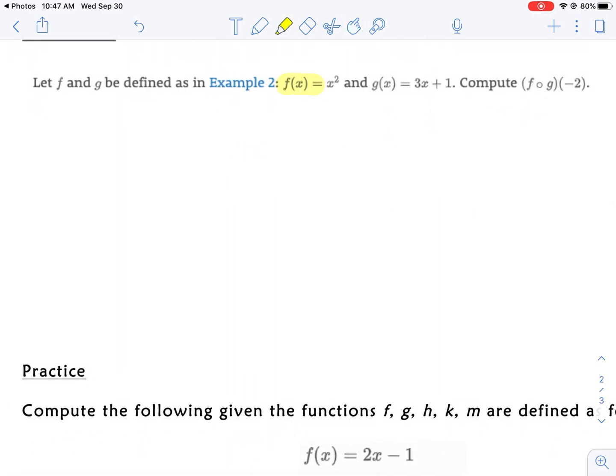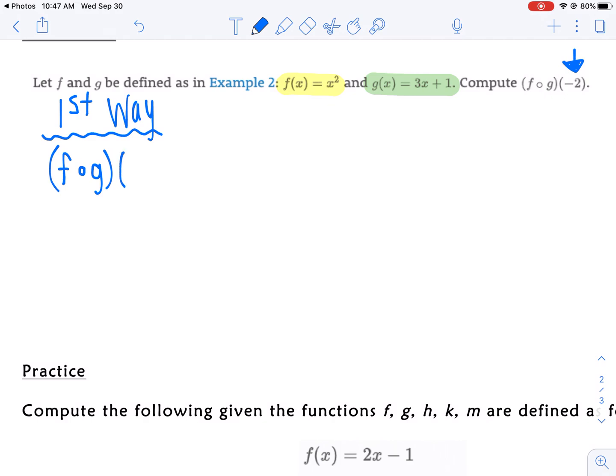Again, we still have our same f function, same g function, but notice the difference is now there's a value. First way you can solve this is take f of g of x, like normal, like exactly what we did above, and then at the very end, substitute in the -2.